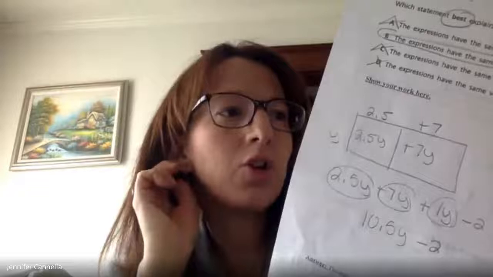You're 100% correct, Zach. Just to clean up the language to make it easier for them, it doesn't matter what you put in for y because the top and bottom are equivalent, right? They're the same. Is that what you were trying to say? Yeah. You did a really good job. Because they are equivalent expressions, which means equal, the value is always going to be the same for y. Good job, Zach. So the answer, page 18, B.